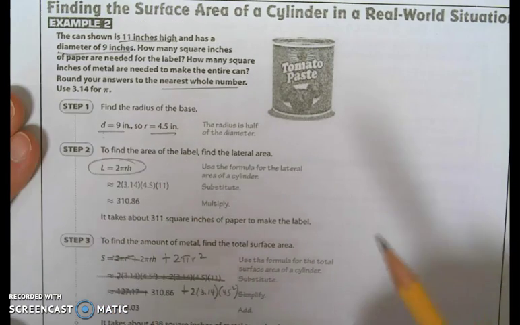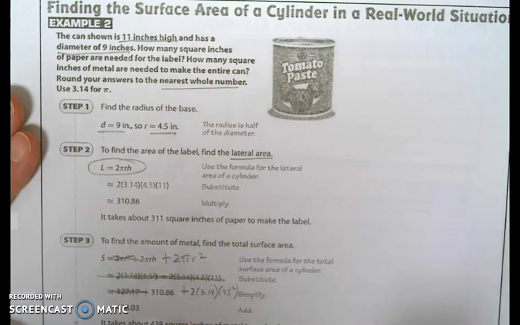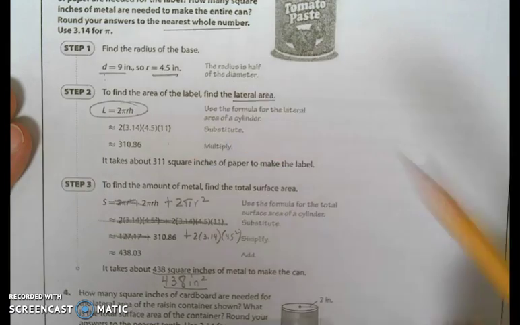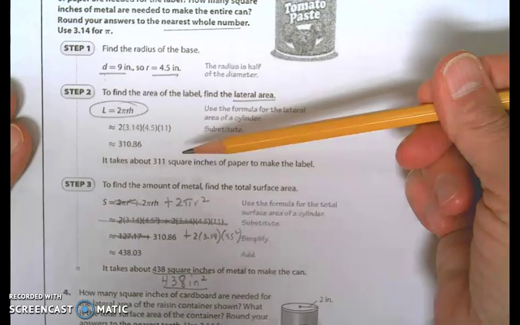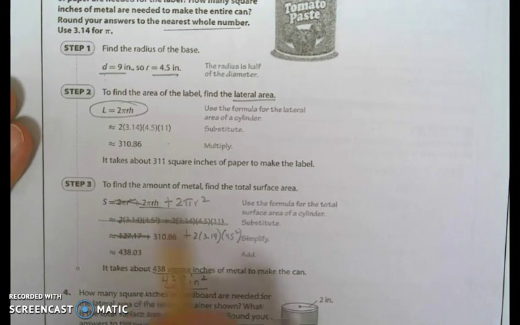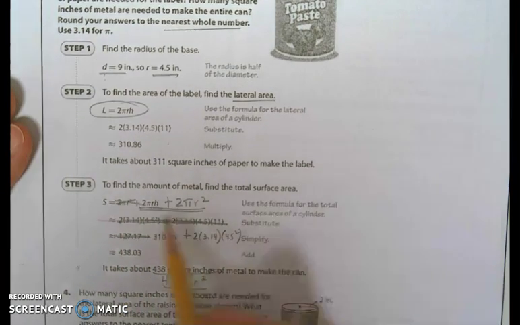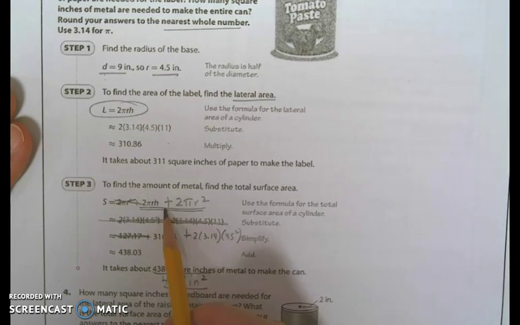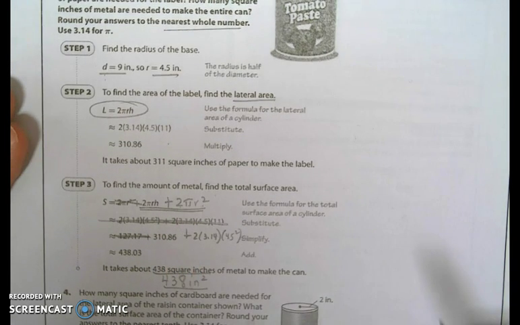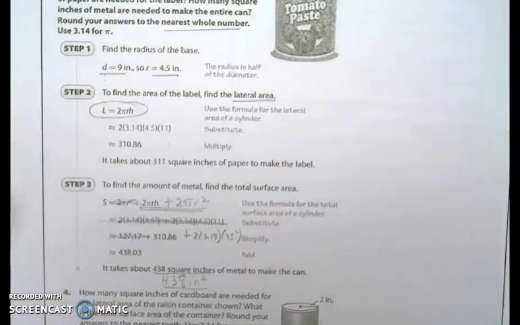So yet again, find your lateral area first, and then once you calculate that, it's already in your calculator, so when you come to the next piece, you're following the formula on your formula chart, which has the lateral plus twice the base area, which is 2 pi radius squared. You can just substitute in the values and put everything into the calculator at once.